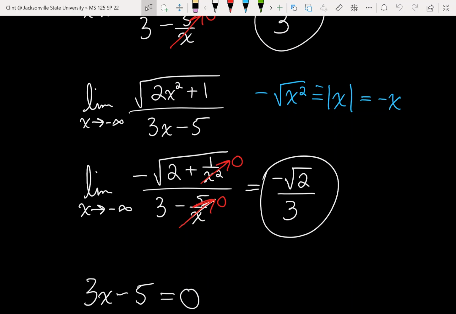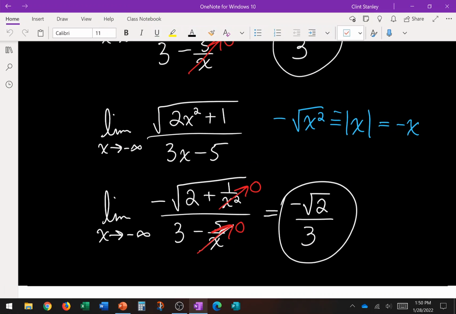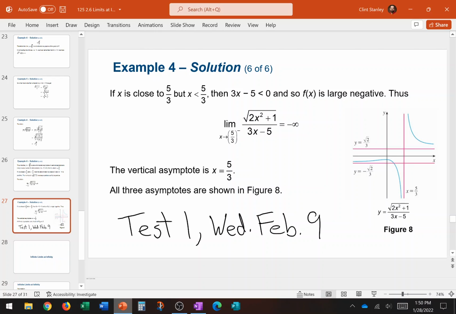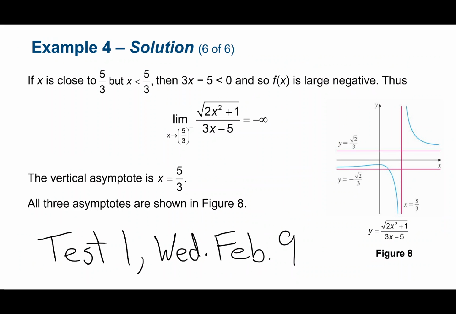We did those. We said we were finding horizontal asymptotes, and the last one was our graph of that last one. We said a few things. We said that as far as horizontal asymptotes, our graphs can have no horizontal asymptotes. That's okay. It's a lot of functions.